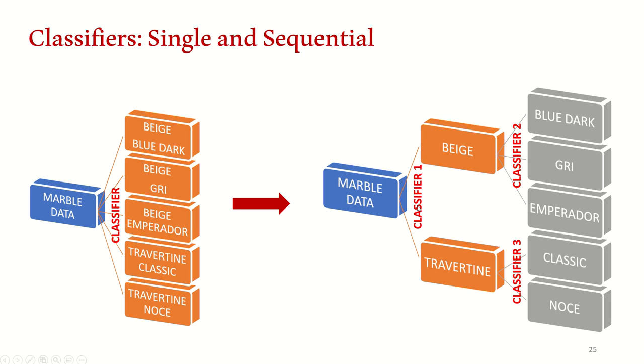We used one classifier to split them into beige and travertine. Then another classifier to classify the beige images into blue, dark, gray, emperador, and another to classify the travertine marbles into classic and notch.